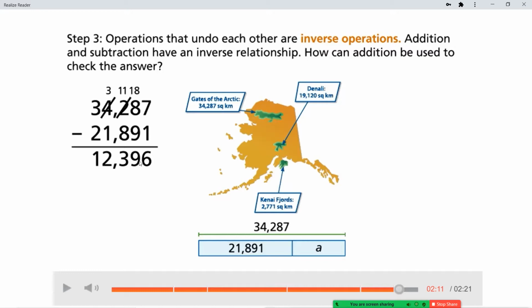Now I can use addition to double check by adding the 12,396 plus the 21,891 to see if I get my original number, the 34,287. If I add those two parts together and I get that top number, I know that I did my math correctly. This is a really good way to check your work.